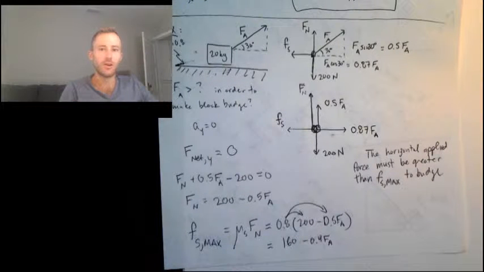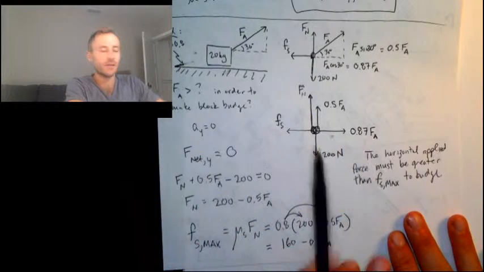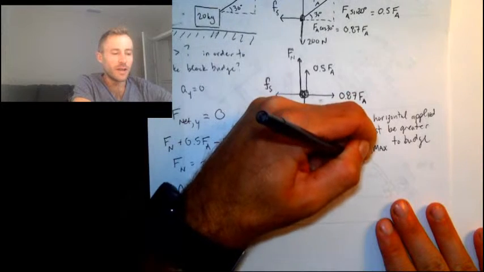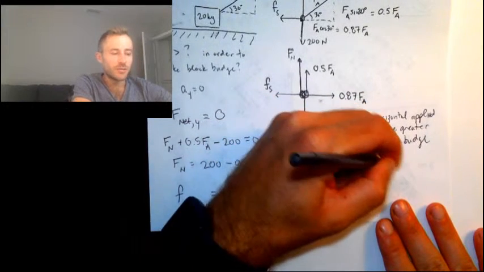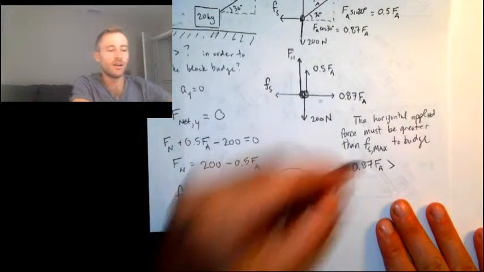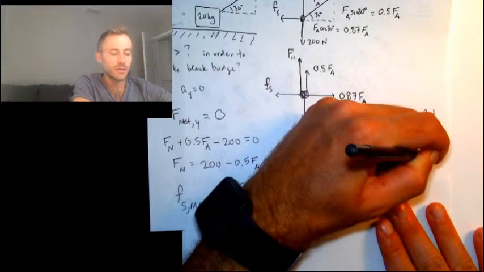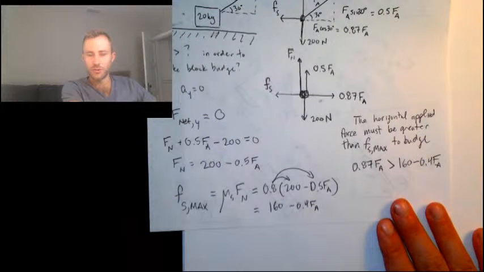Okay? So what is the horizontal applied force? It's 0.87 F sub A. So we must have 0.87 F sub A greater than 160 minus 0.4 F sub A. You've got to have that inequality as true in order for it to budge. Otherwise, friction is stronger than your horizontal applied force.